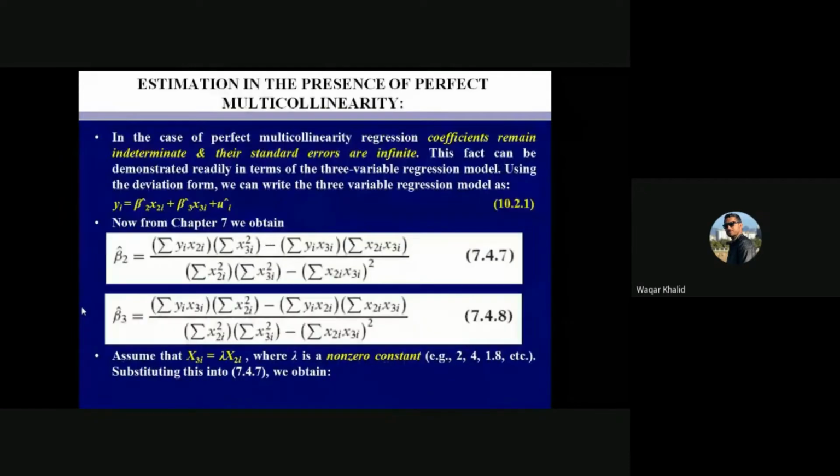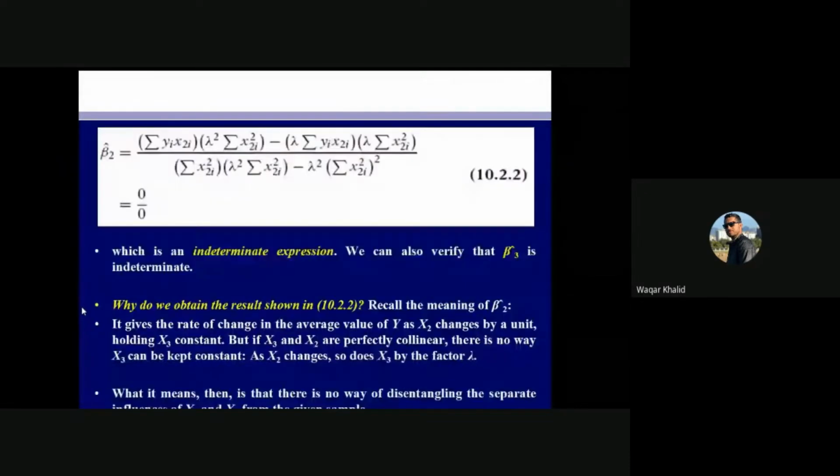Very simply, you have beta 2. What do we mean by beta 2? Beta 2 gives you the rate of change in the average value of y as x2 changes by a single unit, holding x3 constant. Suppose we have a regression model, y is equal to beta 1 plus beta 2 x2 plus beta 3 x3 plus ui.